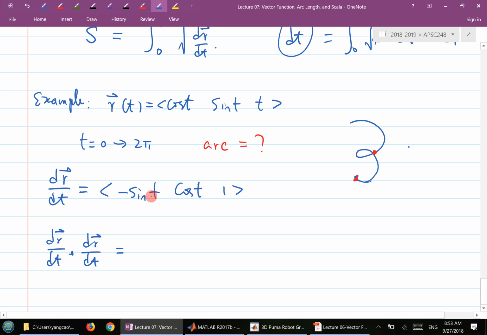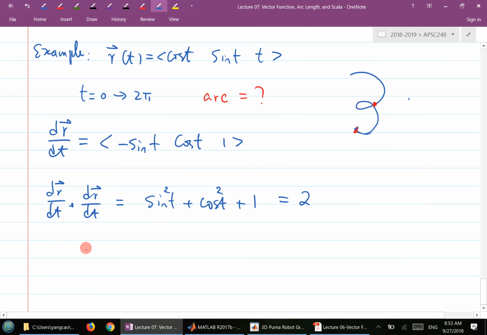In this case, sine t squared plus cosine t squared, plus 1 here. Again, the trigonometry gives 2.